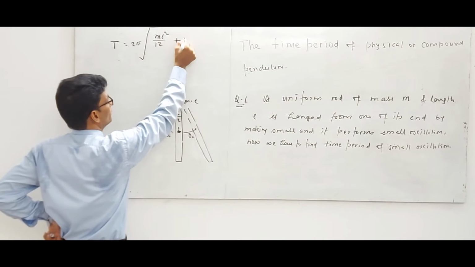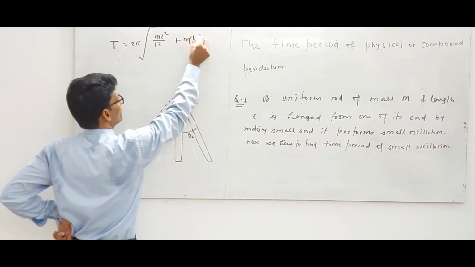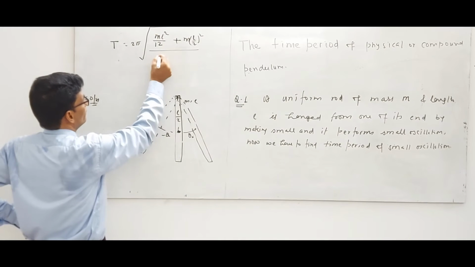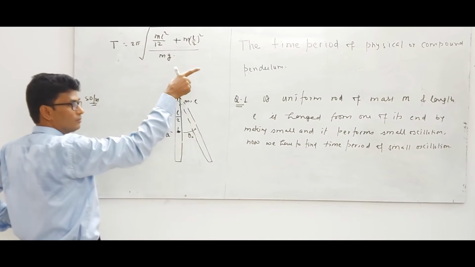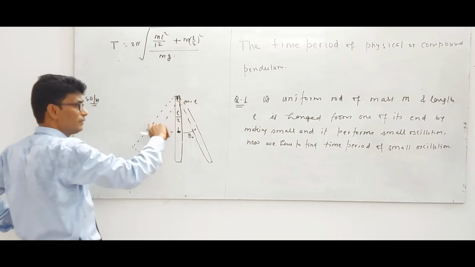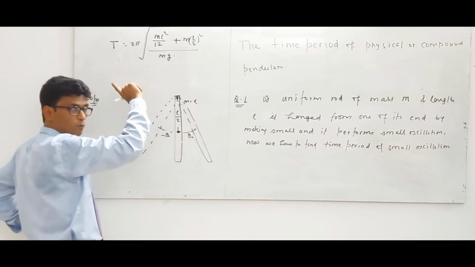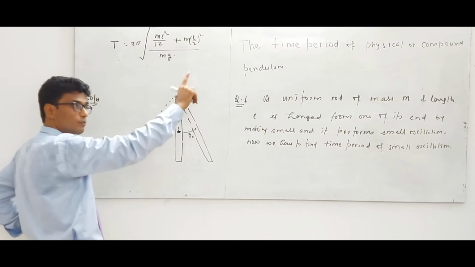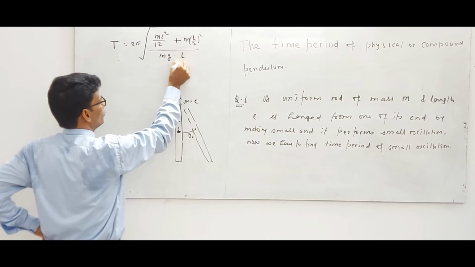So here m (L by 2) whole square over mgl. That L and this L are different, because this L is the length of the rod and that L is, what in the formula? Distance of center of mass from the point of suspension. So here it is mgL over 2.